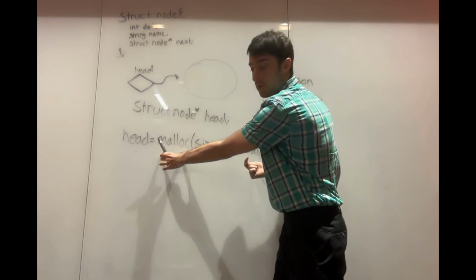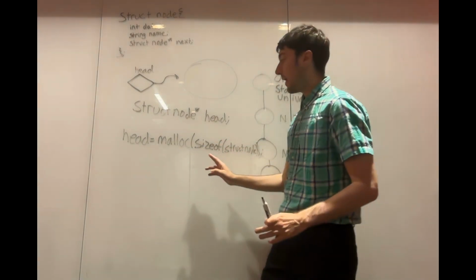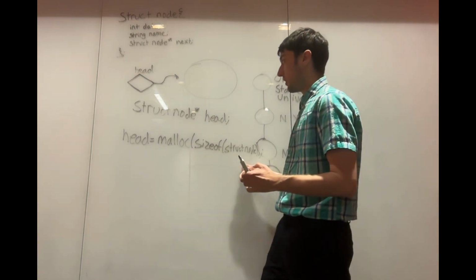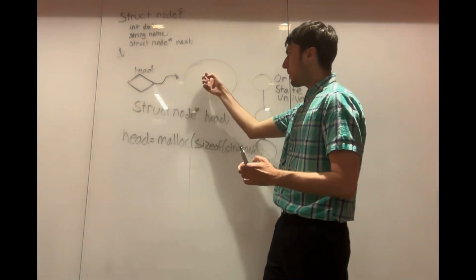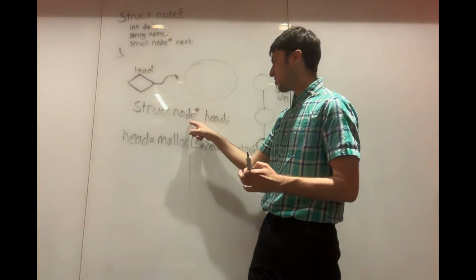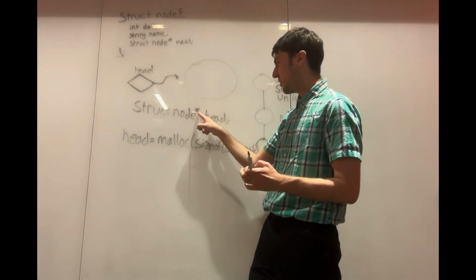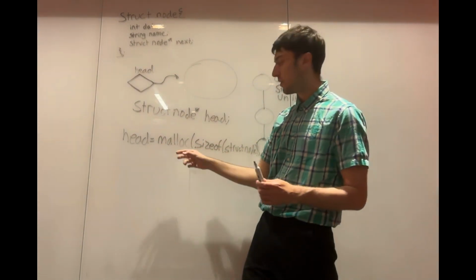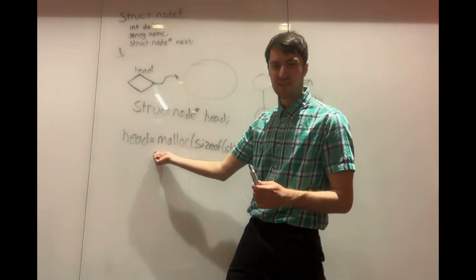Then malloc is going to take that and allocate that number of bytes in memory. But head now was declared a struct node pointer, so it needs to point to a struct node. So actually what we need to do is cast this.